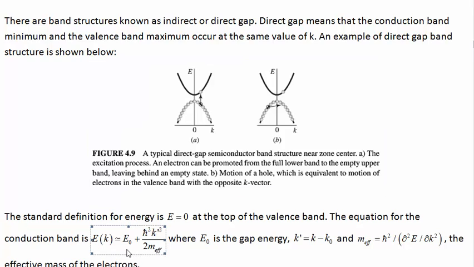Energy is basically the energy for k equals k naught, but modified by how different the momentum is at every point. So this basically creates an effective mass for the electrons there, given by h bar squared over the second derivative of E with respect to the wave number.